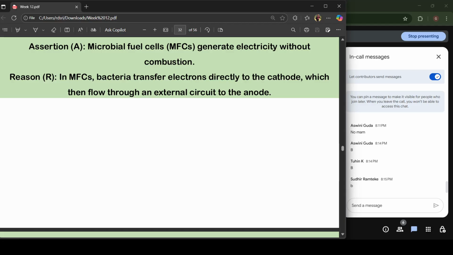Okay, this question is about microbial fuel cells. The assertion is microbial fuel cells generate electricity without combustion, and in microbial fuel cells, bacteria transfer electrons directly to the cathode, which will then flow through an external circuit to the anode.